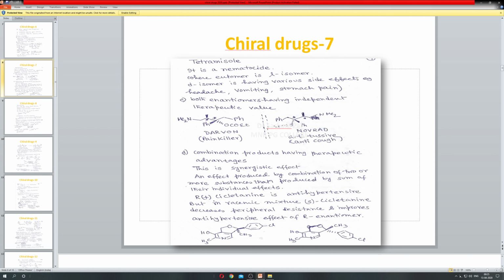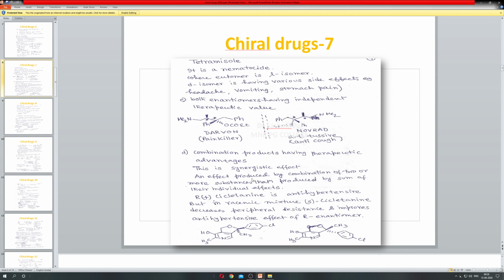Now we will go to the D category, where we will discuss one example where the combination of the chiral drugs will give a better effect, and that is called the synergistic effect.